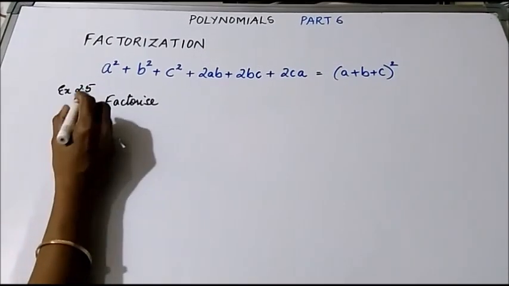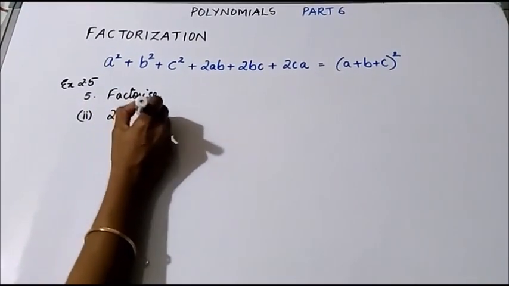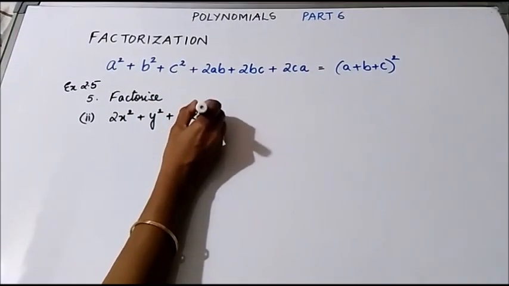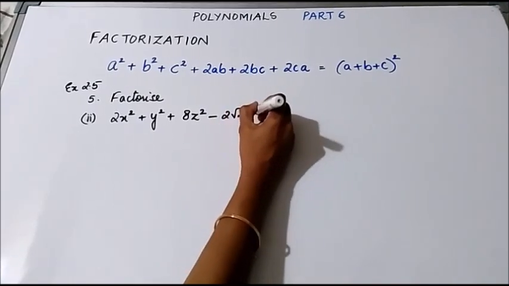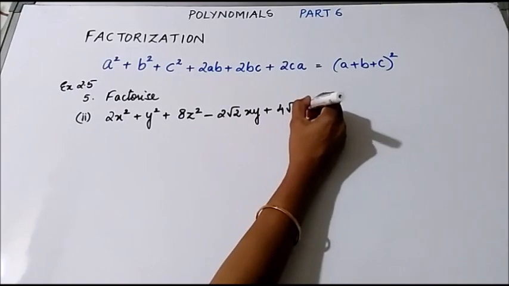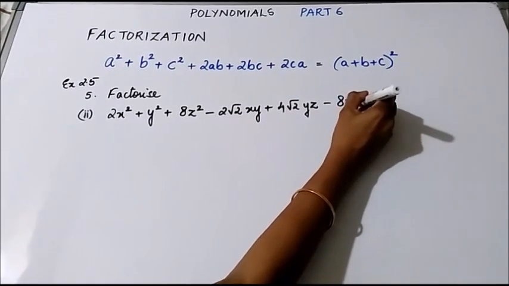Now here the second question is 2x square plus y square plus 8z square minus 2 root 2 xy plus 4 root 2 yz minus 8xz.